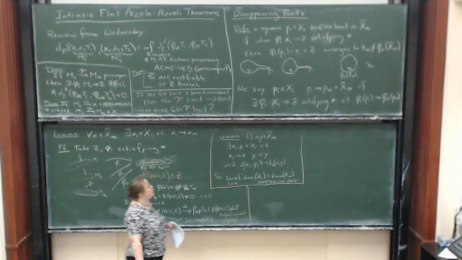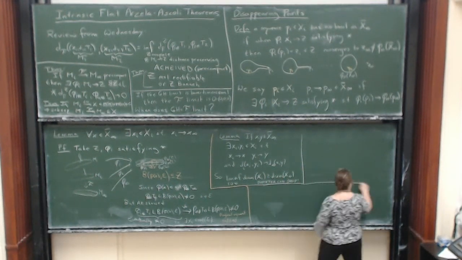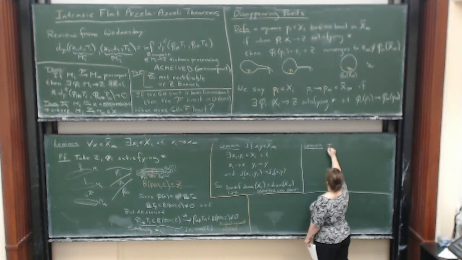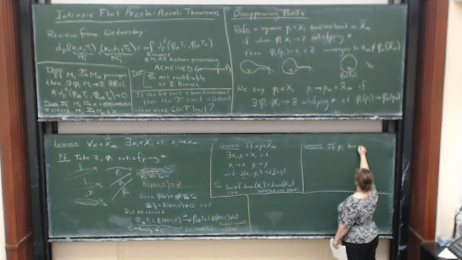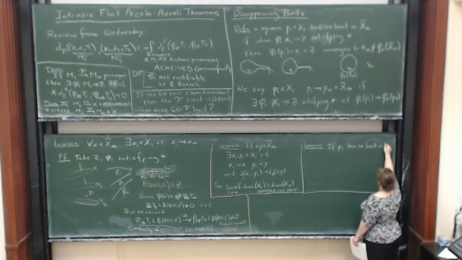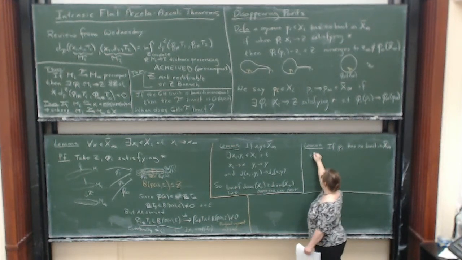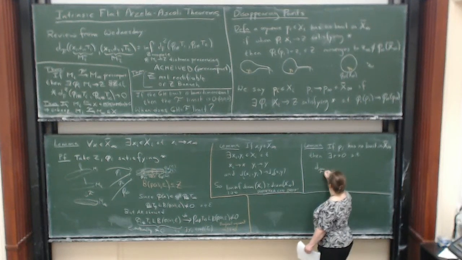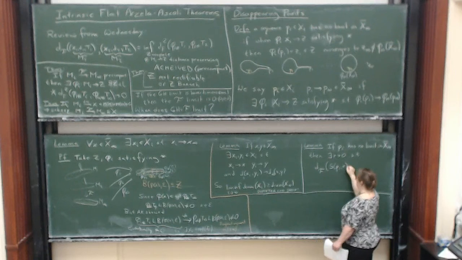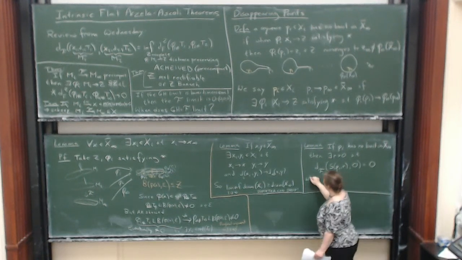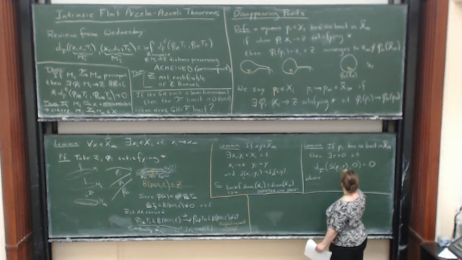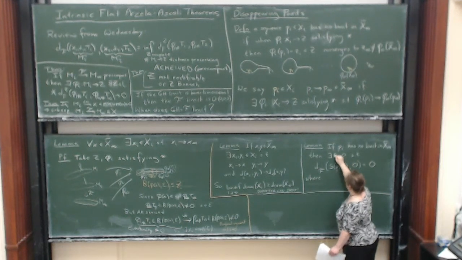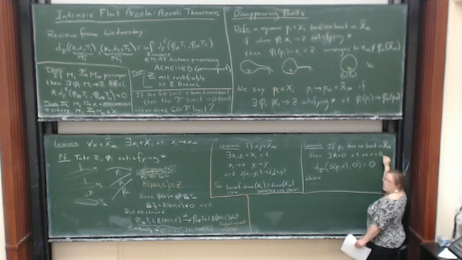All right, so now what can we say about points that are actually disappearing? If I have a sequence of points that actually disappears, if p_i has no limit in X bar infinity, then there exists a radius R greater than 0 such that the flat limit of S_{p_i,r} is 0, for almost every little r less than capital R. This is like geometric measure theory.